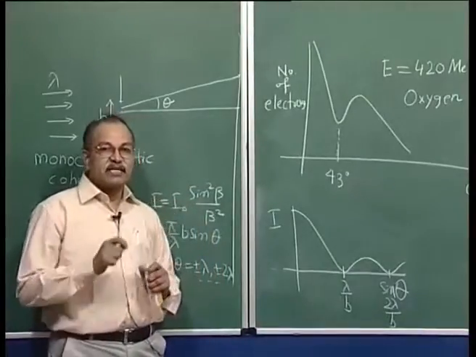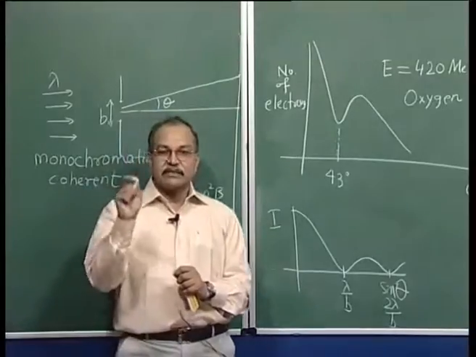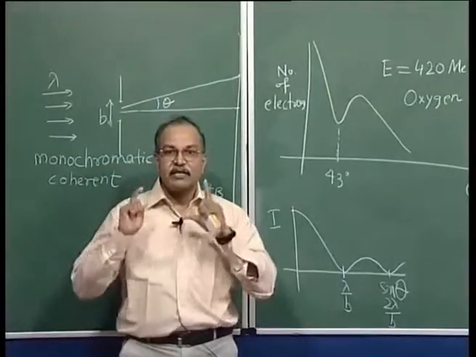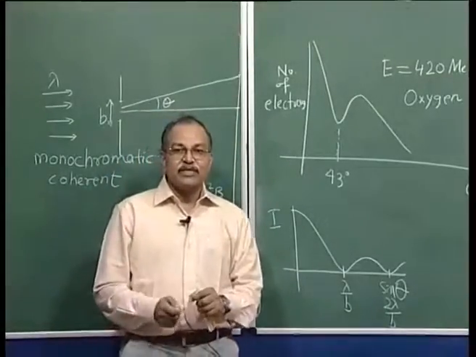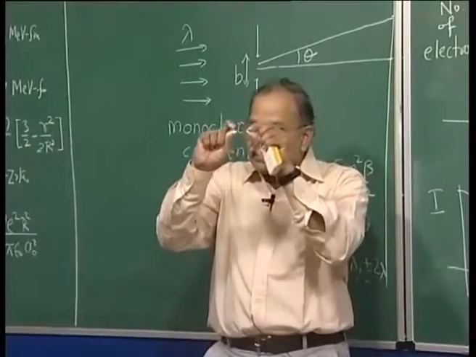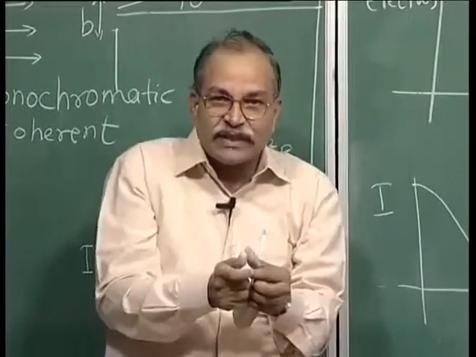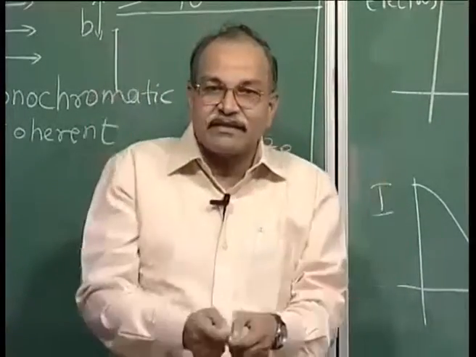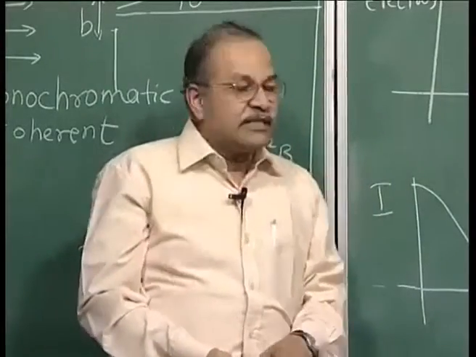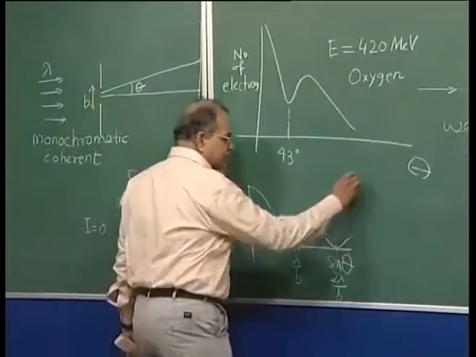If you have a circular aperture, not a slit, and light goes through that, then you get a bright disk in the middle and then a dark ring and then a bright annular ring with lower intensity and then again a dark ring and so on. So, that was for single slit.